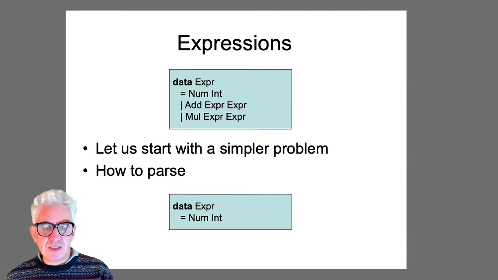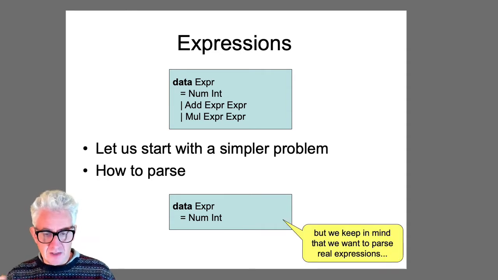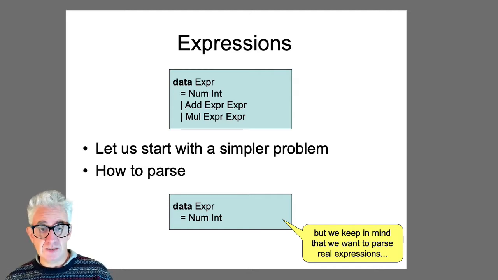Okay, so let's imagine that we're not going to try and convert strings representing arithmetic expressions into this data type. But let's suppose we're actually working with a much smaller data type. How might we do that? And when we do this, we need to keep in mind that we want to parse real expressions.